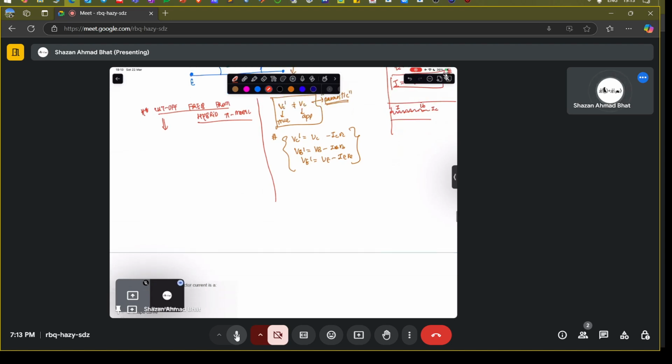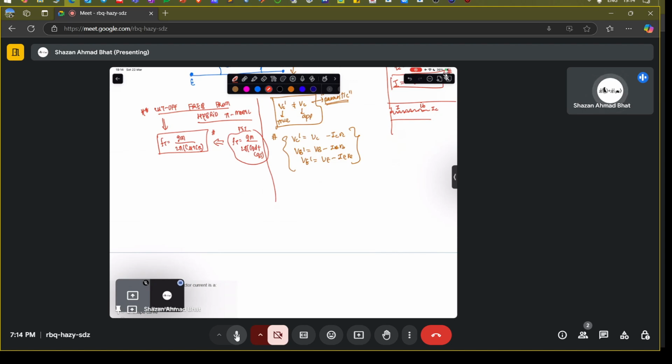The cutoff frequency can be given by a similar expression to what you studied in field effect transistors. It is equal to gm divided by 2 pi, times the capacitances, including the junction capacitance and the diffusion capacitance. In the field effect transistor, it was approximately gm divided by 2 pi times the gate-to-drain capacitance plus the gate-to-source capacitance. So it's almost a similar expression, but not the same thing, because the capacitances here mean something different.